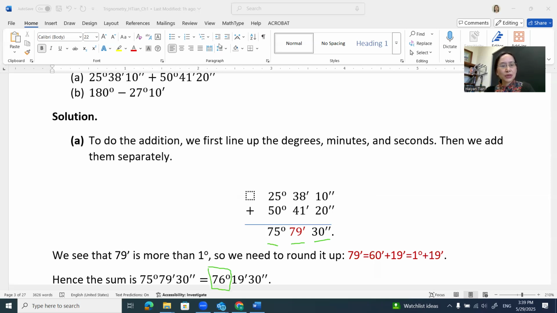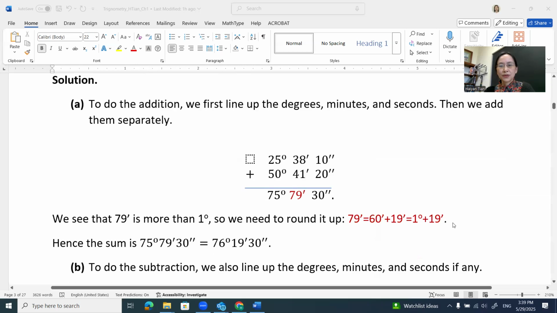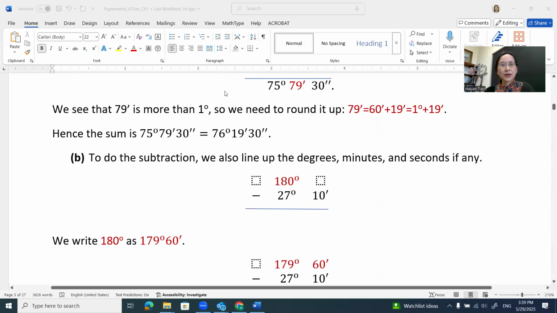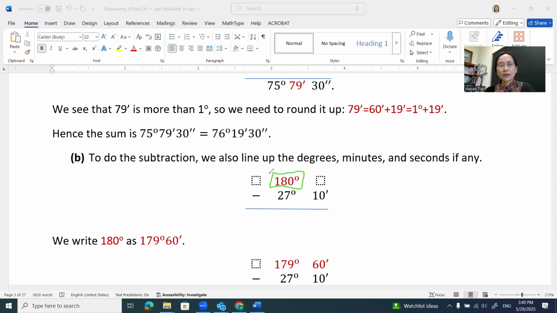And we can also do the difference of two angles. So here I have the first angle, which is 180 degrees. Second angle is 27 degrees and 10 minutes.